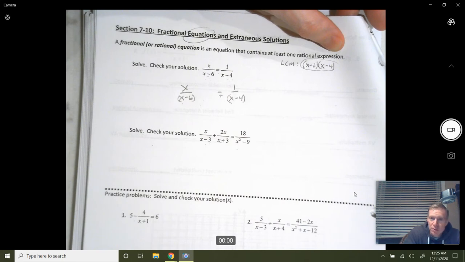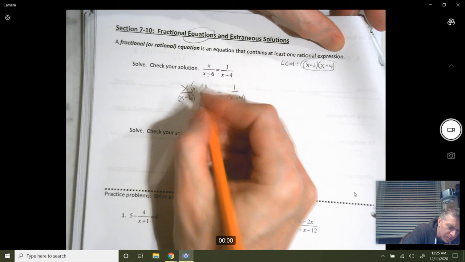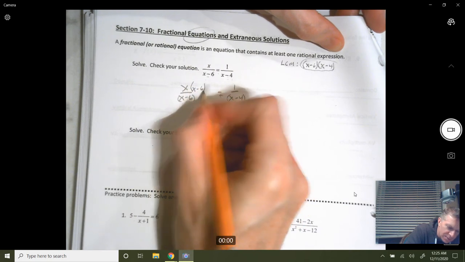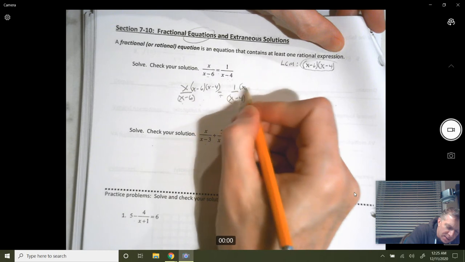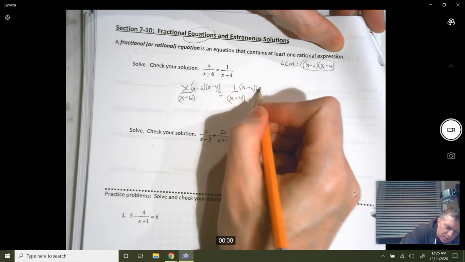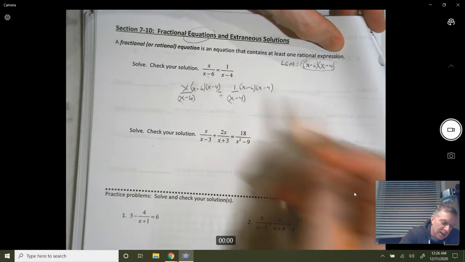We can multiply both sides of the equation, really just on top, by the least common multiple, x minus 6, x minus 4. So on the right side, x minus 6, x minus 4. The nice thing about this is maybe you all love working with fractions, but I think it's nice if we can get rid of the fractions right at the beginning. And now we can.